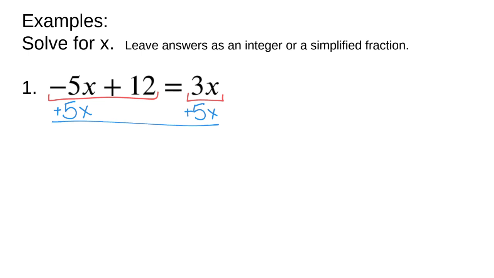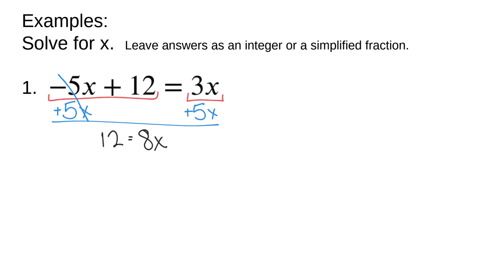Negative 5x plus 5x is 0. So those will cancel out, and we'll be left with just 12 on that side. The other side is 3x plus 5x now. Those are like terms, so we can put them together, and we'll have 8x. I'm getting closer.